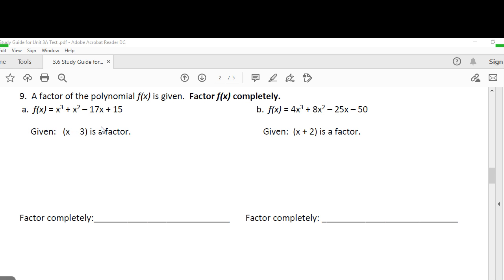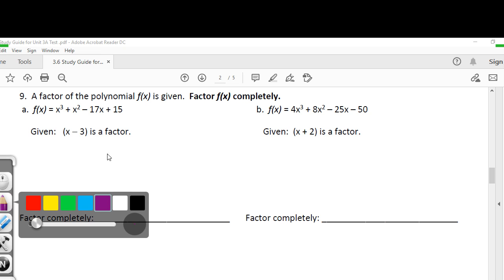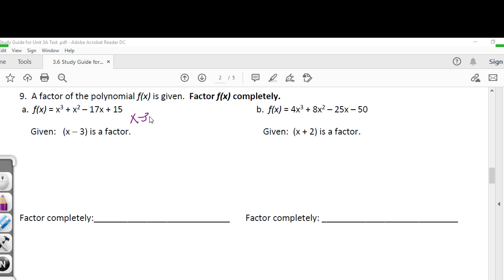When they're telling me that x minus 3 is a factor, I'm going to use synthetic division. And when I use synthetic division, I better get 0 as a remainder. That is the factor theorem. Okay, so my box number: set x minus 3 equal to 0, add 3 to both sides, so x equals 3.